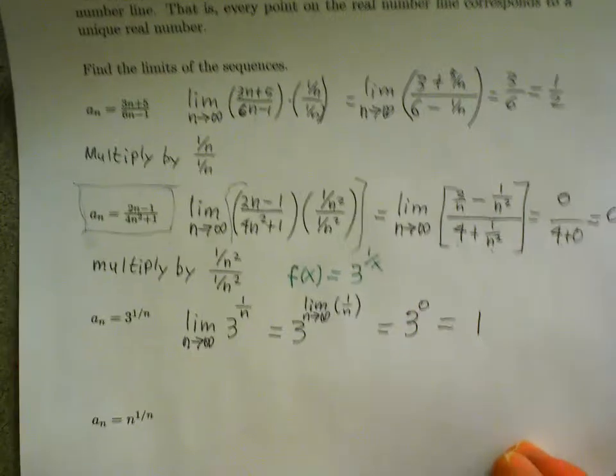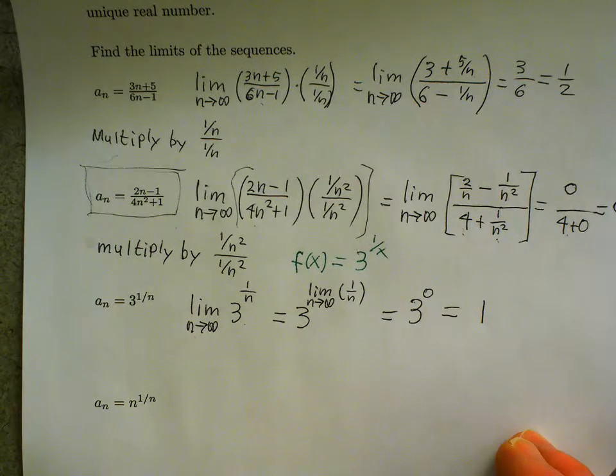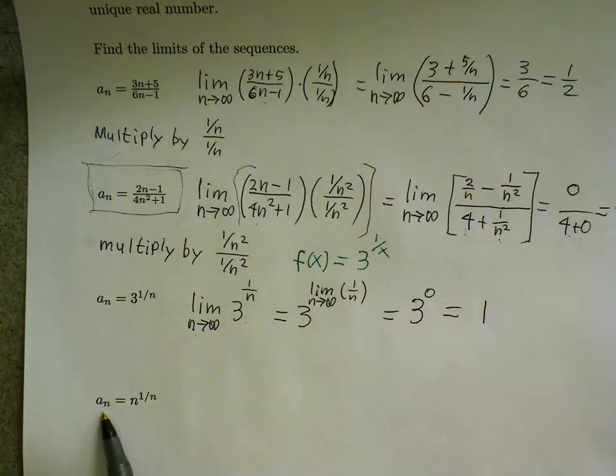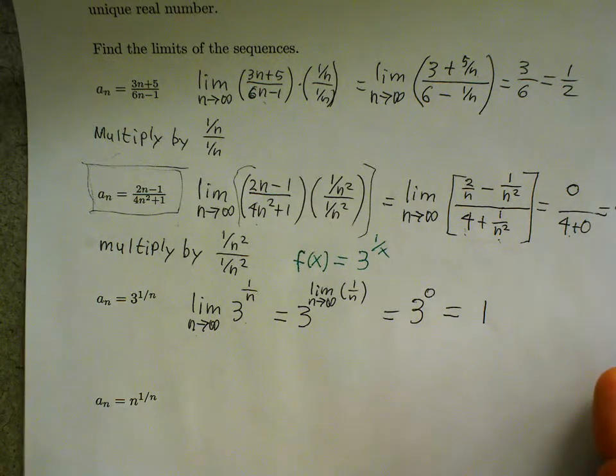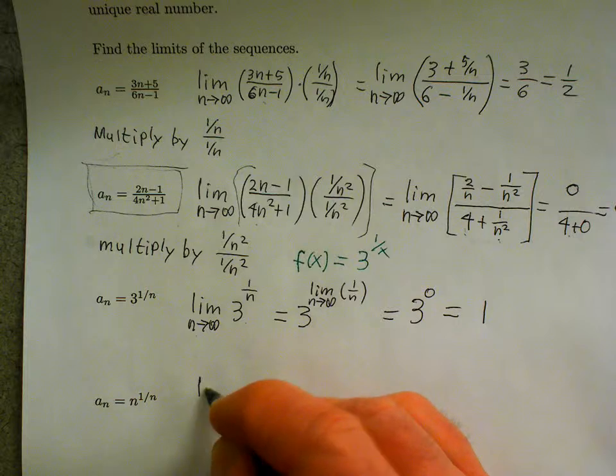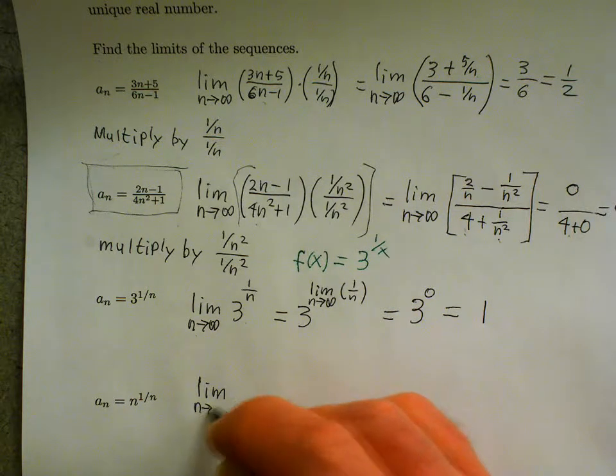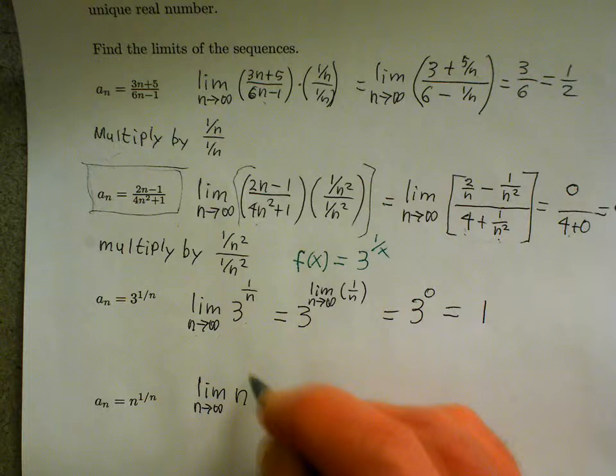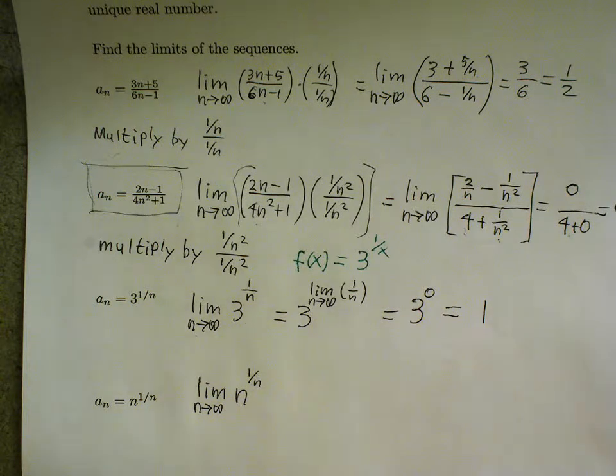Okay, the next one, what are we going to do on this one? The terms are a sub n equals n to the 1 over n. So we want to find the limit as n approaches infinity of n to the 1 over n. So who knows what to do?